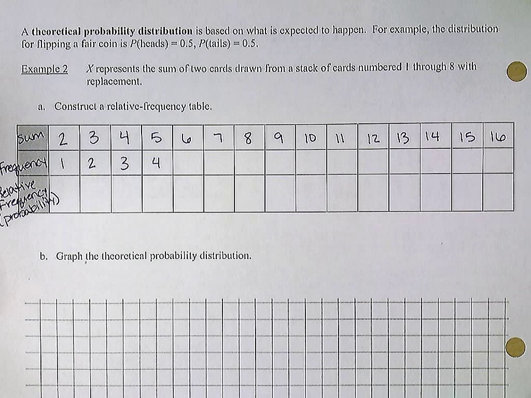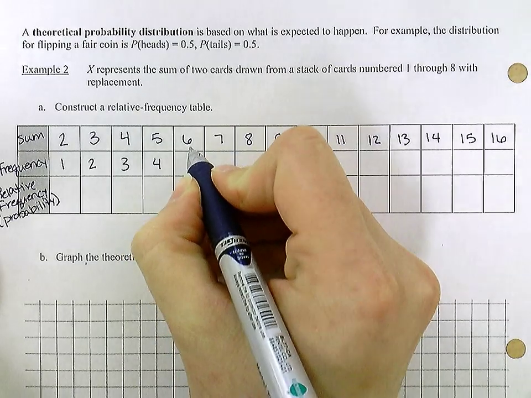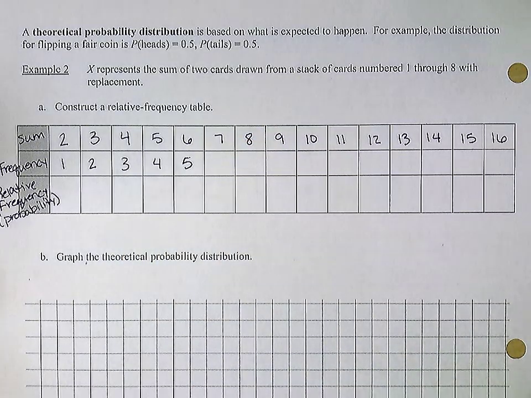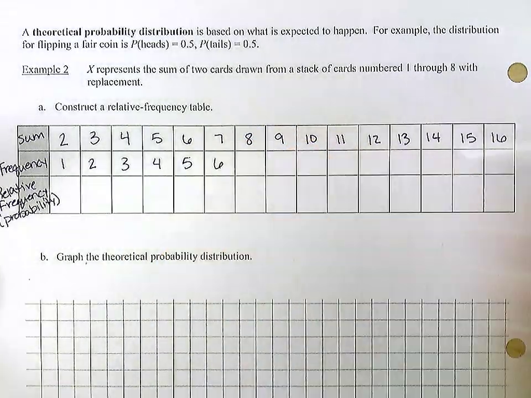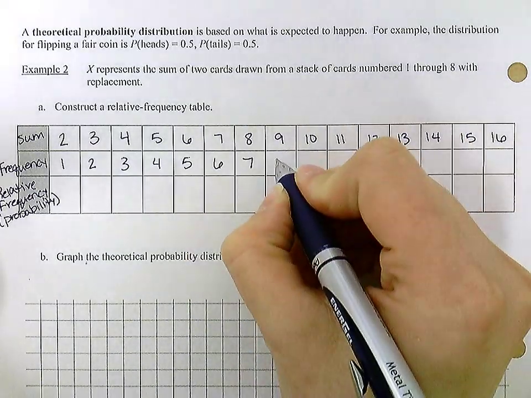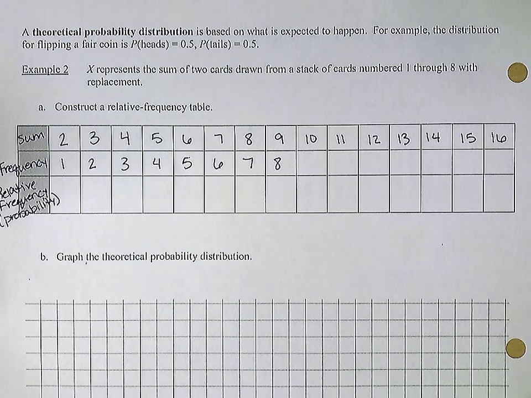It does go up by 1 until you hit what number? So for a sum of 6, you have 5 different combinations. Sum of 7, you have 6. Sum of 8, you have 7. Sum of 9, you have 8. But with 10, it's going to start going back down.